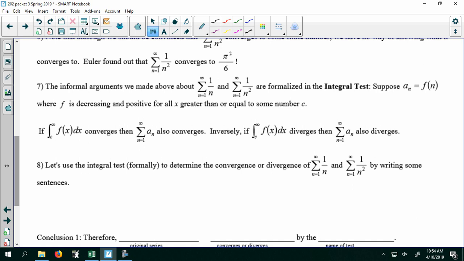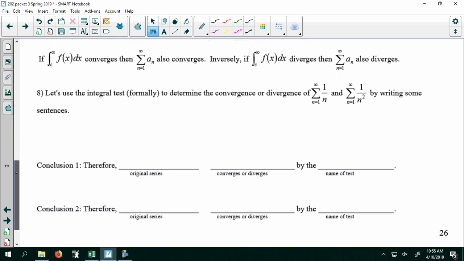But f has to be decreasing and positive for the integral test to apply. So it worked both for 1 over n and 1 over n squared, because 1 over x and 1 over x squared are both decreasing and positive. And if that holds, then you can say that if the integral converges, the sum also converges. And inversely, if the integral diverges, the sum also diverges.